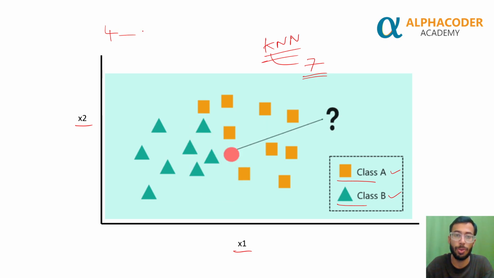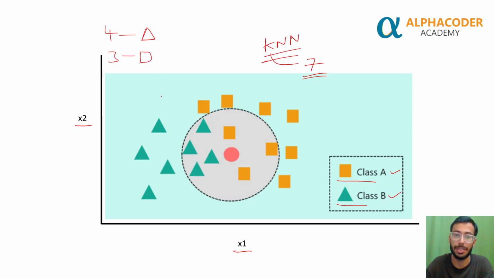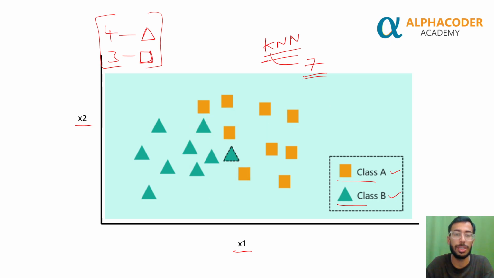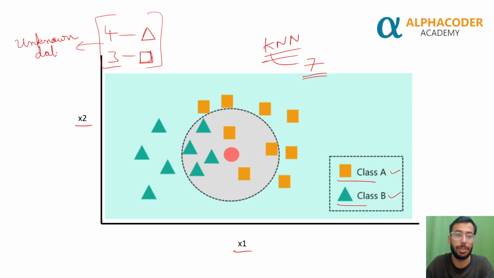So 4 are coming as triangle and 3 are coming as square boxes, right? Correct, that is what we can see from the circle. Now when this is the ratio that we are getting, what we will do is assign the unknown data point, or the test data point that we need to classify, to the majority class.